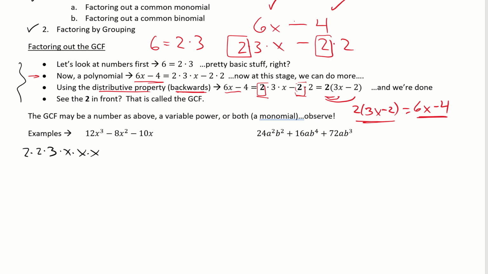Remember, when in doubt, write it out. You don't want to do it this way, but I'm trying to show you something. Minus 8 is 2 times 2 times 2, verify, times x, that's x squared. Minus 10, that's 2 times 5, correct? And then times x. Okay, that's what's going on if you want to really look at it under the microscope.